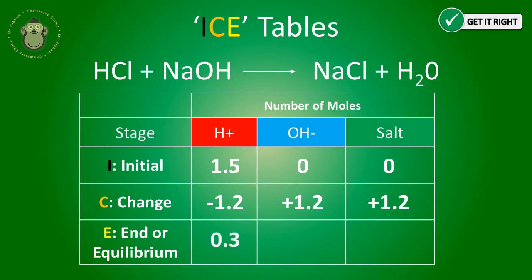The OH minus ions will cancel out because we don't have any of them left because the H plus ions were in excess. And the salt, we started with 0 and we end up with 1.2 because we produced 1.2 moles. And as I said before, the OH minus ions, we don't have any of them left over because they've all reacted. And the only thing we have left over is the excess H plus ions, which is 0.3 moles, and then the 1.2 moles of salt we produced.